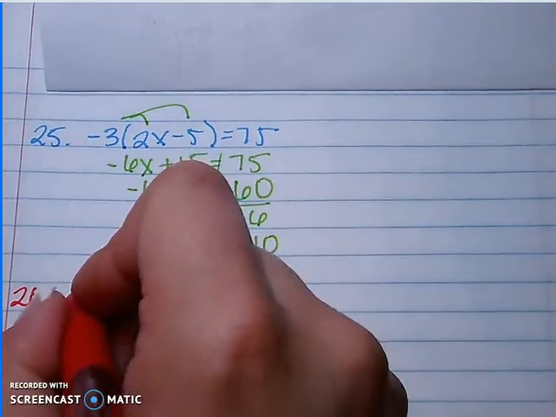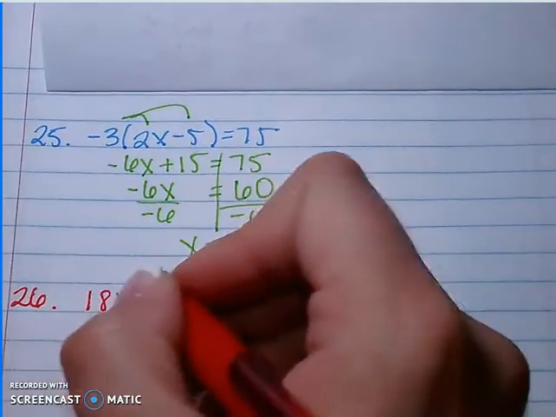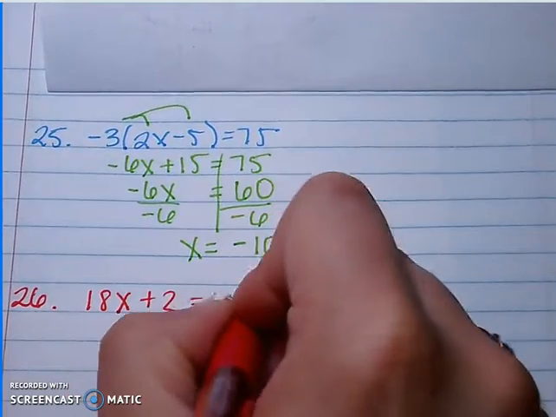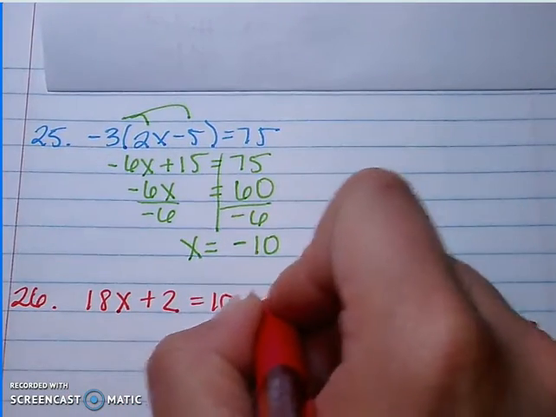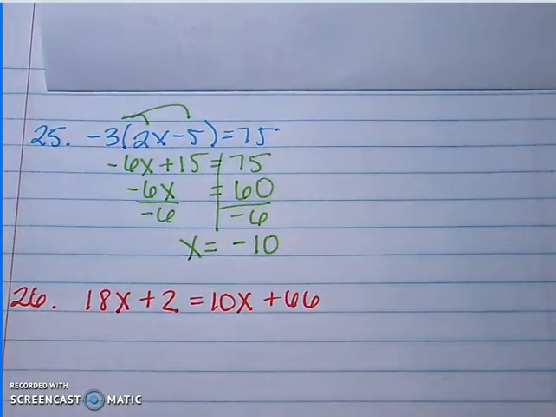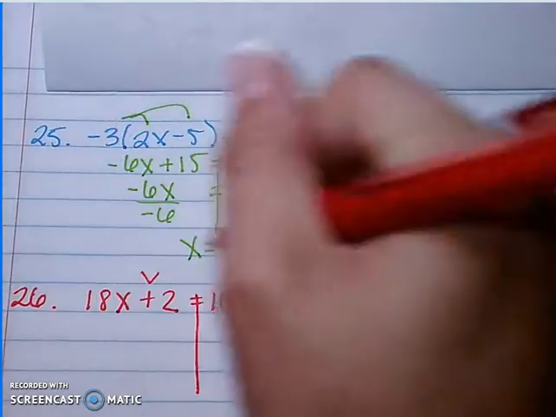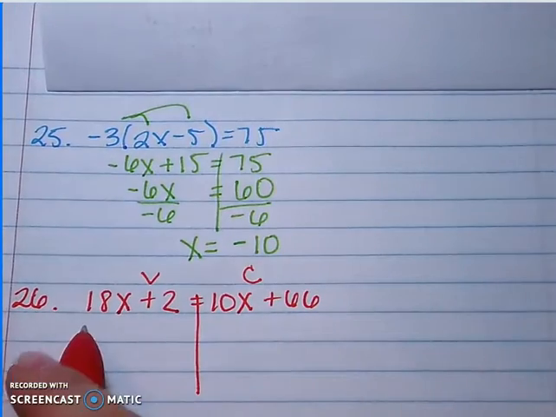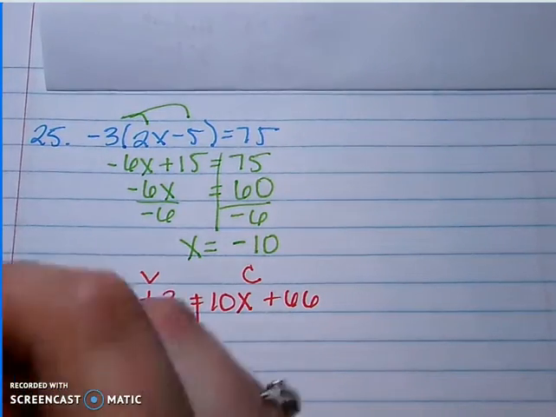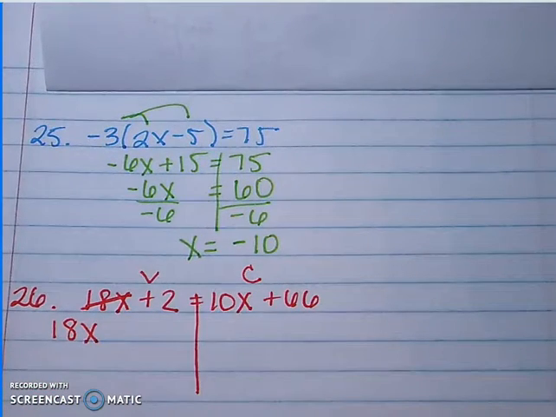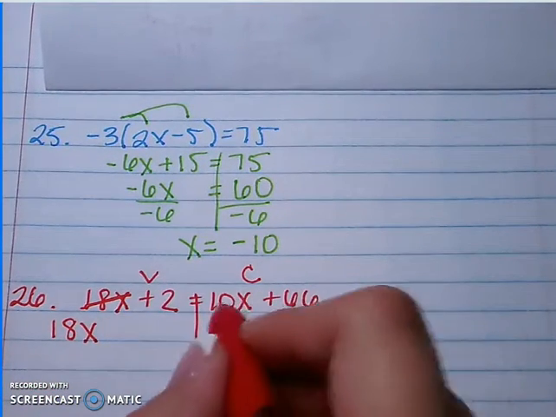And 26, 18x plus 2 equals 10x plus 66. If I've got variables on both sides of the equation, I'm going to put all the variables on the left. The variable that's there is that 18x. The other variable in my equation is a 10x, but it's on the wrong side of the fence.